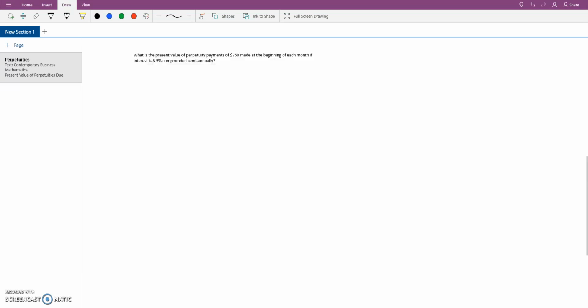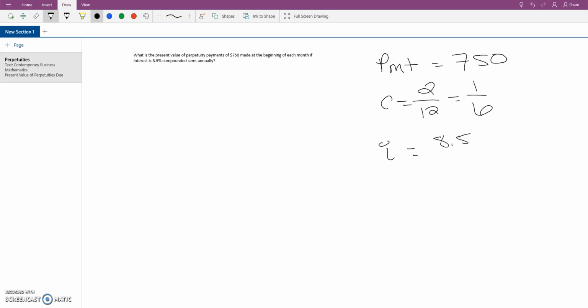So what is the present value of perpetuity payments of $750 made at the beginning of each month if interest is 8.5% compounded semi-annually? So again, let's write down what we know: the payment is $750, the conversion rate is 2/12, which is equal to 1/6, which means that our interest is 8.5% divided by 2, which is equal to 4.25%, which in actual terms gives us 0.0425.